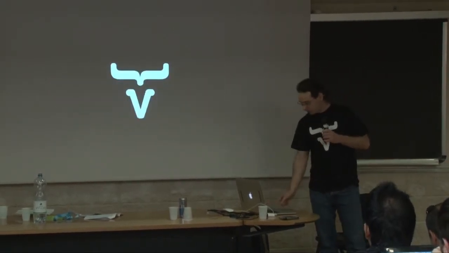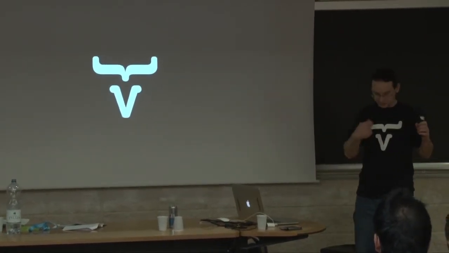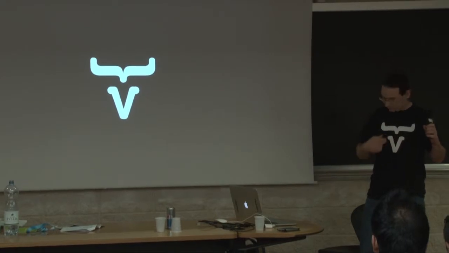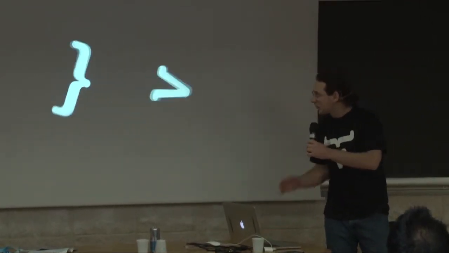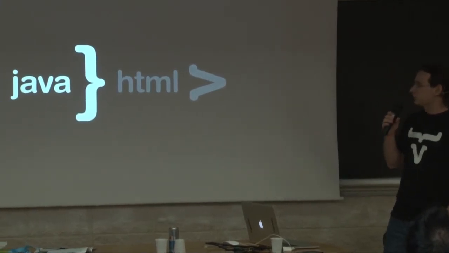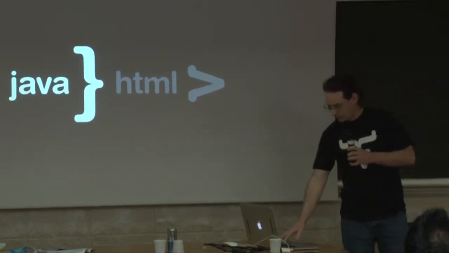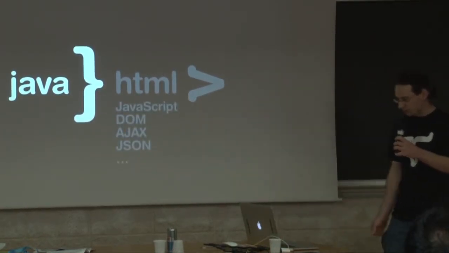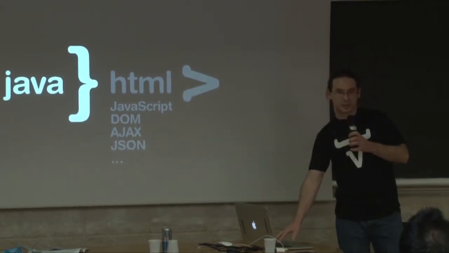Our logo is still a reindeer, so you can see the antlers and the head, but it also symbolizes two notions important for Vaadin. One is Java, and the other one is HTML and all related technologies that are needed to produce a working web application.